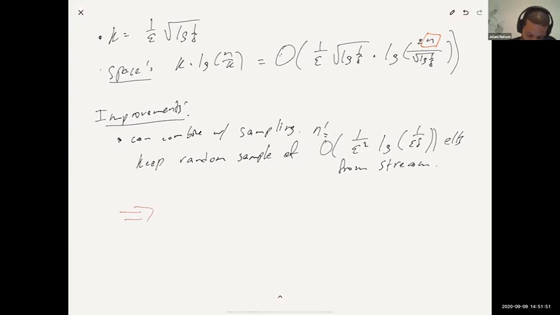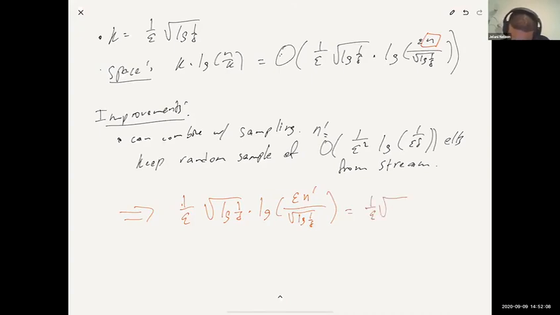So this implies a space bound of something like 1 over epsilon root log 1 over delta times log of epsilon n prime over root log 1 over delta, which is the same thing as 1 over epsilon root log 1 over delta times log of, it should be something like, I think log 1 over epsilon, is that right? Yeah, basically log of 1 over epsilon plus log 1 over delta, something like that maybe.